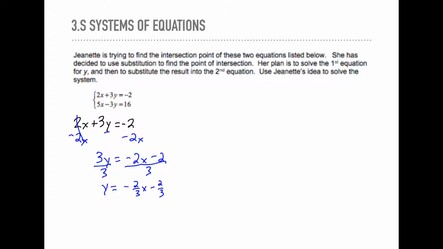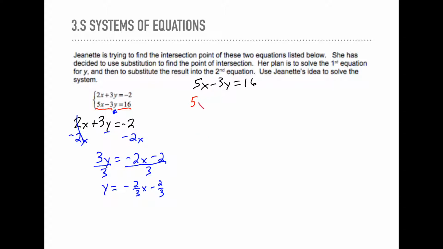All right, so we got some fractions, not the most fun thing, but let's see if we can do that. Now that I know what y equals, I can substitute it into this equation. So let's write the second equation: 5x minus 3y is equal to 16.